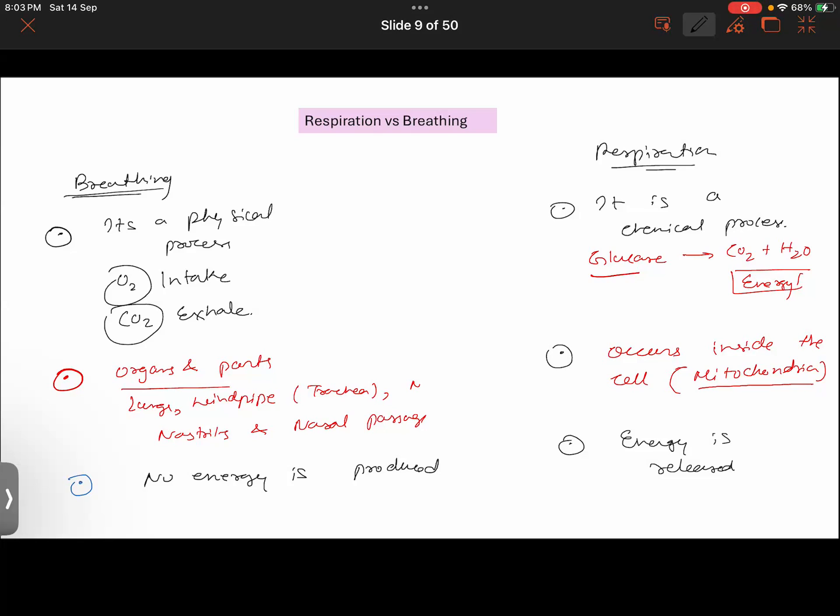Just 1 minute. See if it opened. Okay, good. If it is not visible, do let me know.